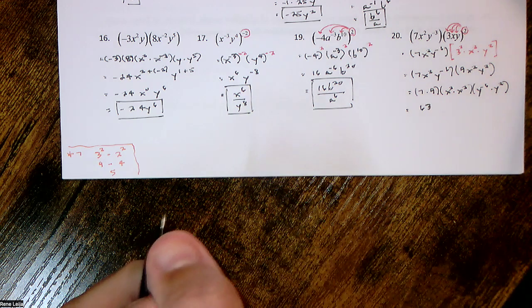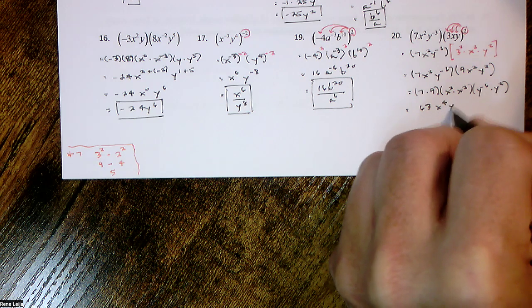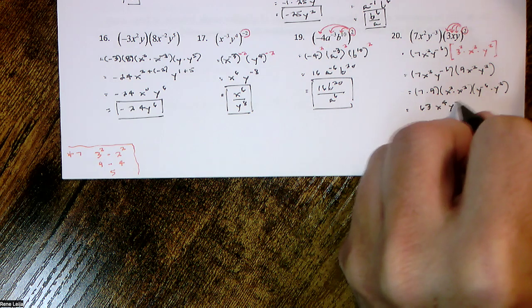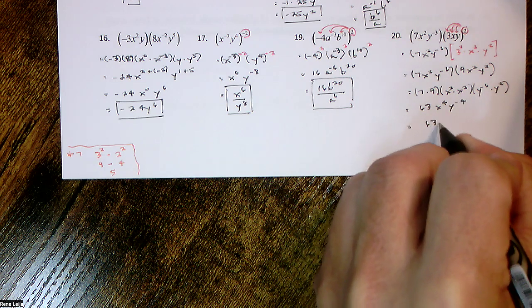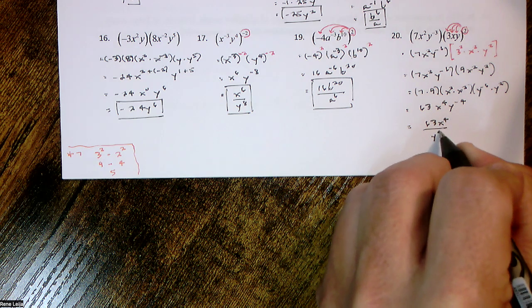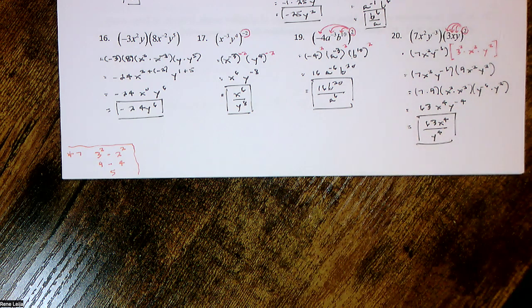When you multiply like bases, you add the exponent. So 2 plus 2 is 4. Then for the y, add them. Minus 6 plus 2 is a negative 4. So we have a negative exponent on the y. So the y is going to go down to the bottom with the positive 4 exponent. Okay.